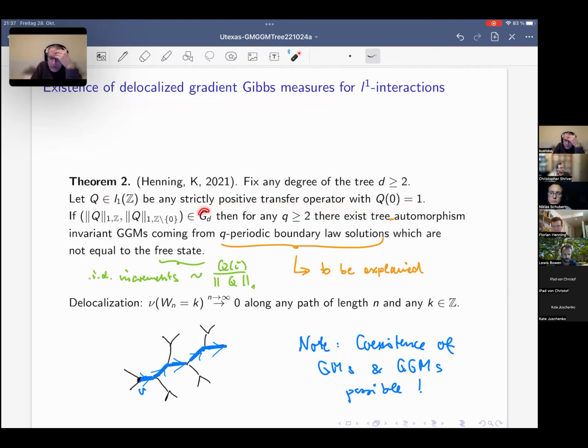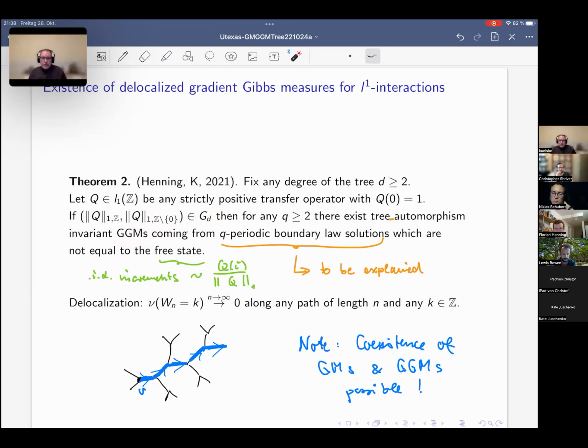And we still have this good two-dimensional set, depending on the D, which looks like this in all dimensions. Now if this pair of the 1 norms, of course, this one is simply 1, and this one is simply the number 1 plus this one, is in this good set, so it's a condition on the 1 norm of Q to be nice, then there also exist gradient Gibbs measures which do not come from localized Gibbs measures.